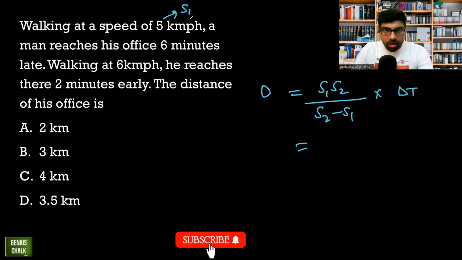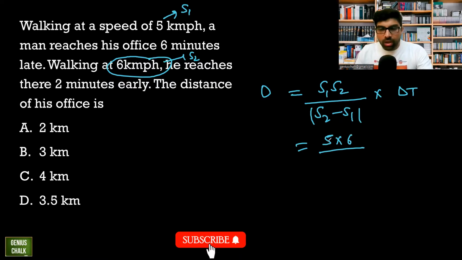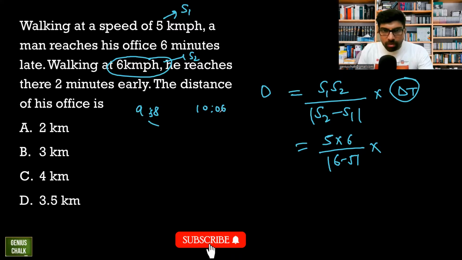Here speed number 1 is 5, and speed number 2 is 6. So just apply 5 into 6 over modulus of 6 minus 5. This is modulus, meaning difference only. If the sign is negative, ignore it, because in modulus minus also becomes plus. And what is the change in time? You remember, from 9:58 to 10:06, it was an 8 minute gap.